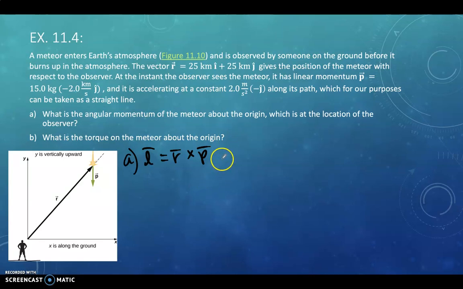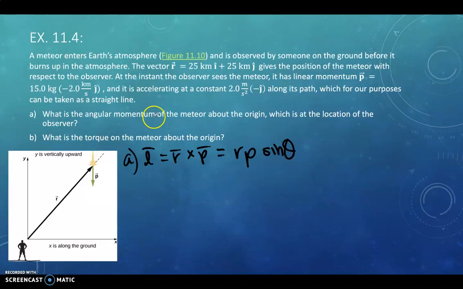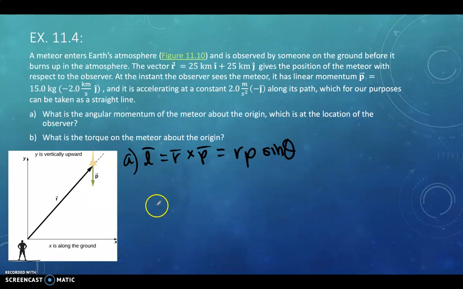Or we can take the magnitudes r, p, and sine theta, where theta is the angle between r and p. I would suggest just taking the cross product. I think that would be the easiest way to do it.